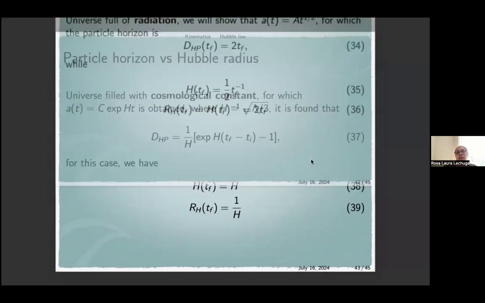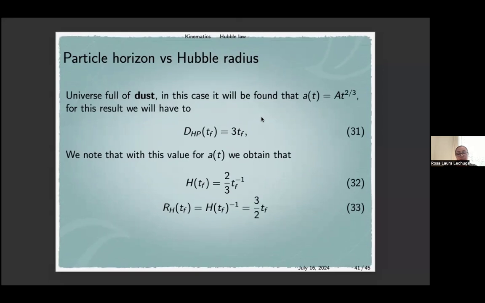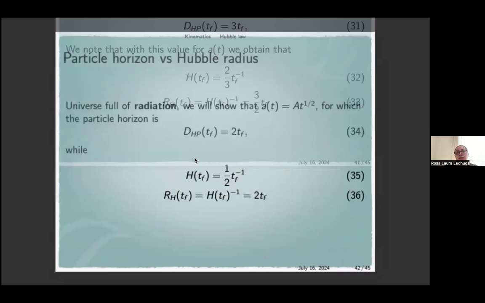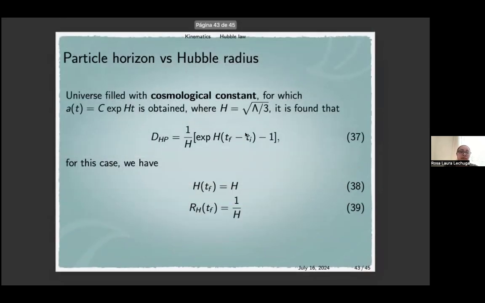So the lesson to learn is that it is forbidden to take the particle horizon and the Hubble radius as synonymous. We know that for the case in which the universe is full of dust or radiation they are equal in order, but not in the case of a cosmological constant.